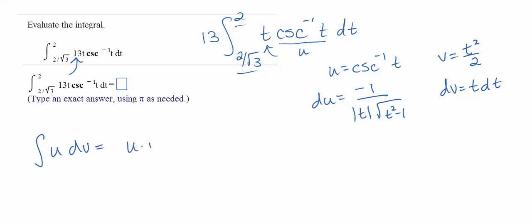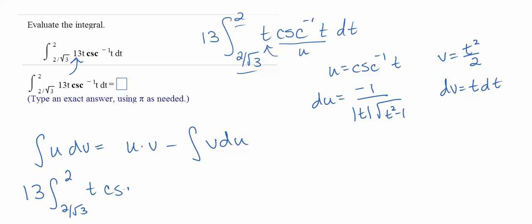Okay, and so in this case, the integral from 2 on the square root of 3 to 2 of t inverse cosecant t dt will be equal to, so the 13 is going to tag along all the way in the front, so just remember to put that.